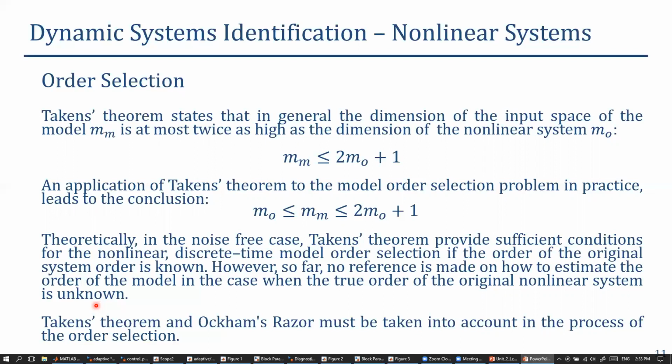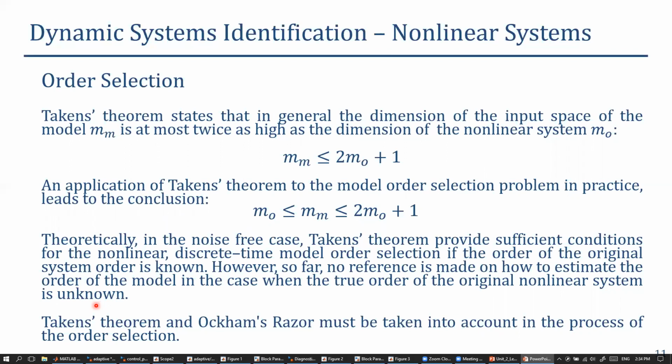So that means if we know the order of the nonlinear system, we have an idea that in the best case, really the best case, the order of the model should be the same as the order of the system. But in the worst case, the order should be as big as 2m plus 1. In reality, it should be somewhere in between, where we don't know.